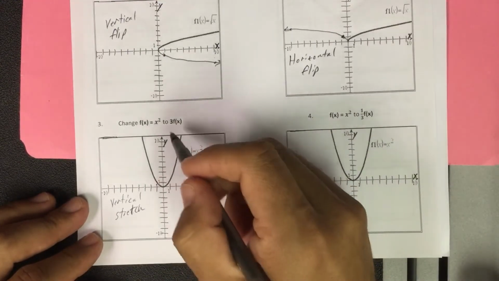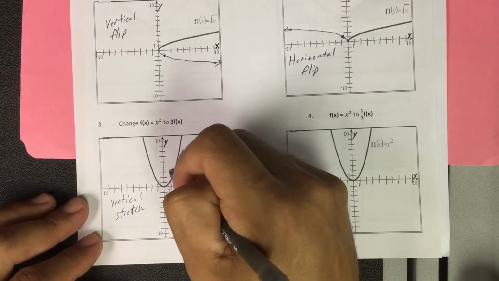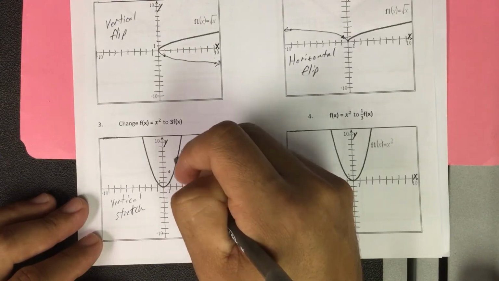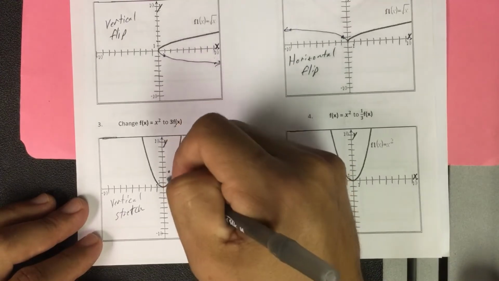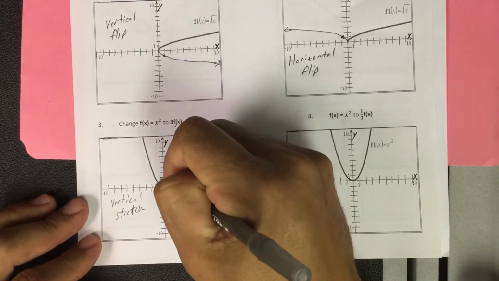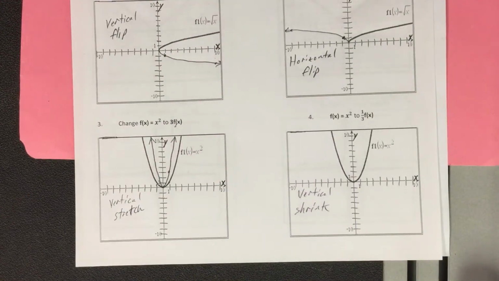This one, if I'm multiplying by 3, 1, 1 turns into 1, 3. And then 2 squared is 4. 4 times 3 is 12. So the next point on 2 is already up here. So it's already off the page. So it'll look like this. Right, vertical stretch.